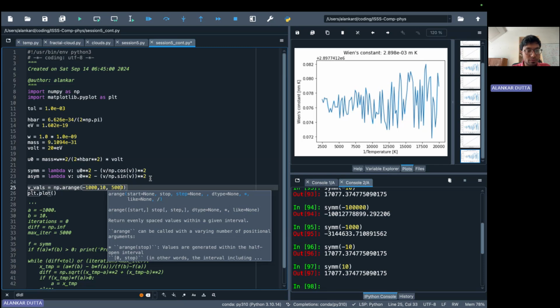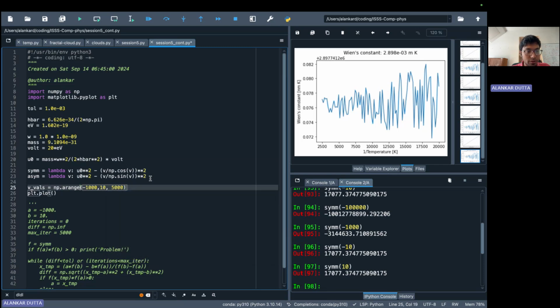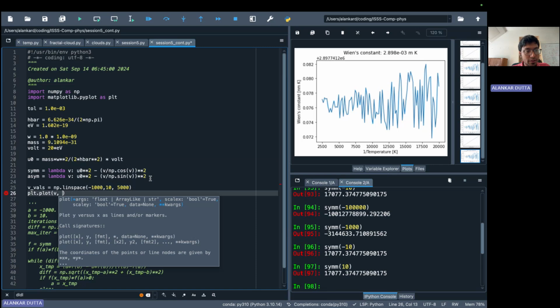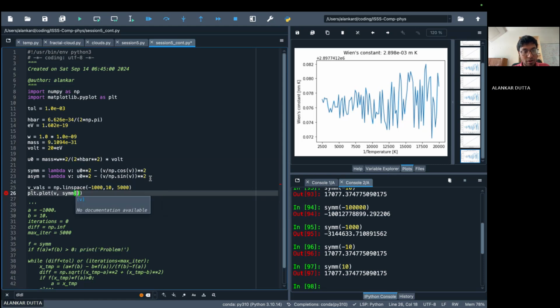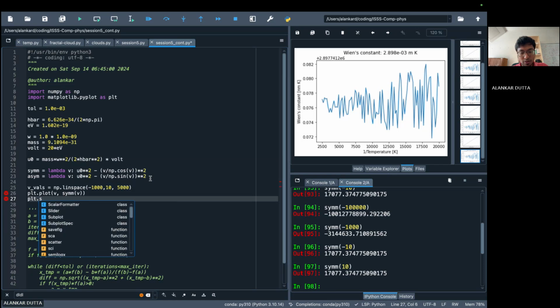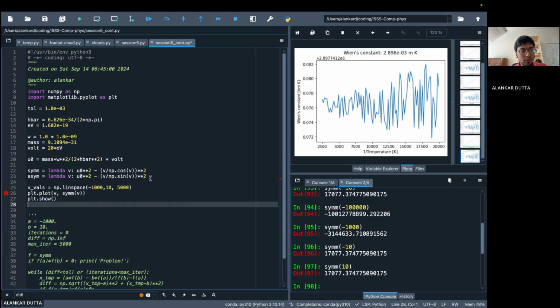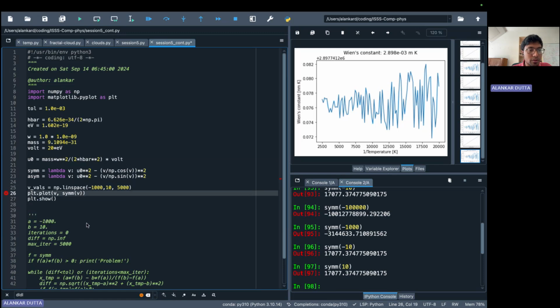That's where we want to plot. Not a range, sorry, it's linspace. So let's plot v as x on the x-axis, and let's plot symmetric of v on the y-axis, and plt.show. And we are going to, let's see, this is vvals, sorry.